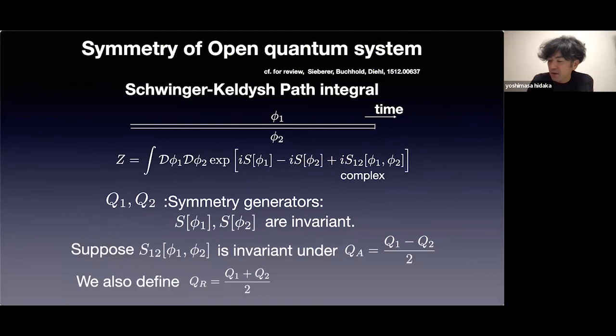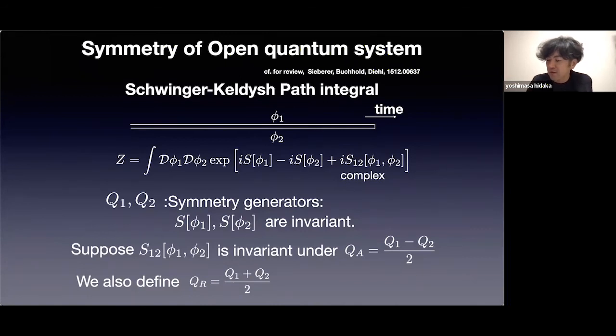But some of them are unbroken, but some of them are broken. That is the situation in the symmetry in the open system. So actually, some linear combination. So for example, the difference is still invariant, but the sum is not. That is the situation in the previous classical case.